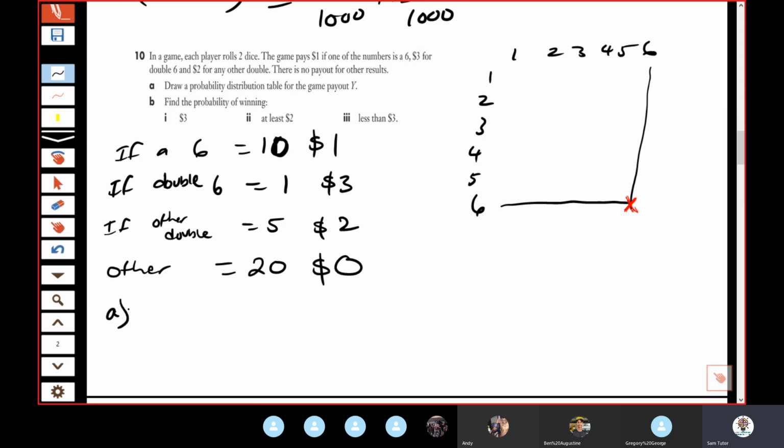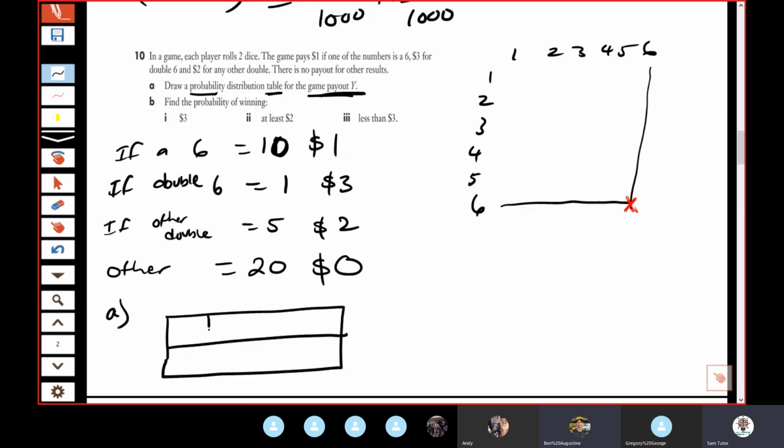Let's see if you can understand which bit you need to use out of all this. Draw a probability distribution table for the game payout Y. So what would Y equal? Anyone want to take an educated guess? $0, $1, $2, $3. Yeah, that's exactly it. The key word there was payout.